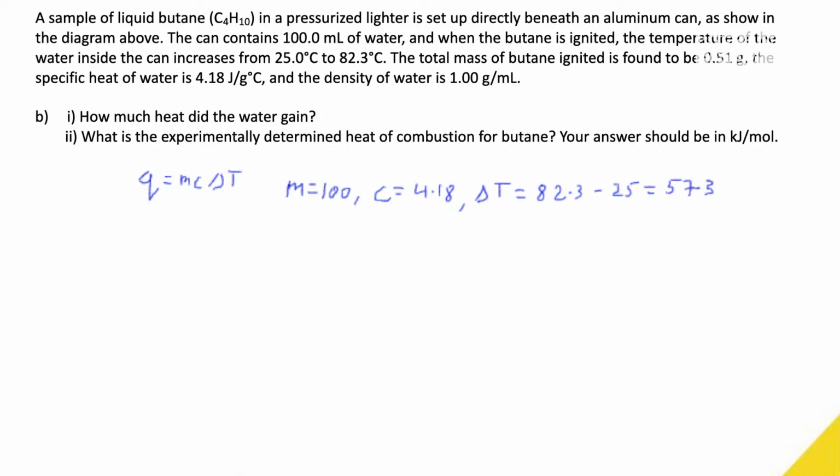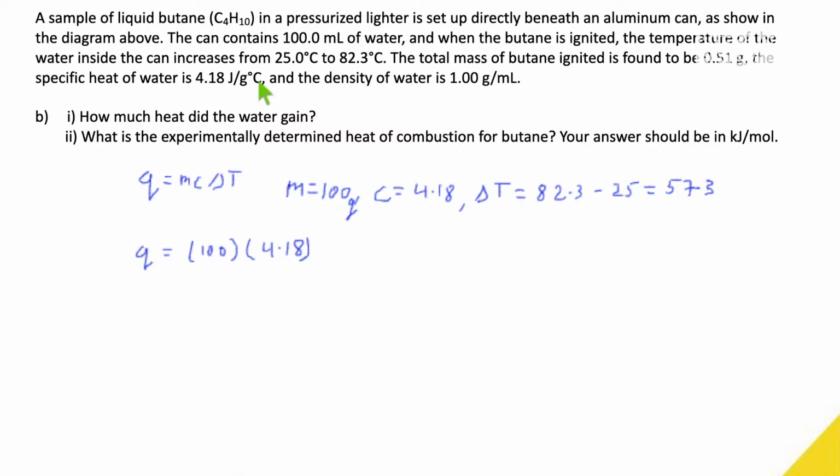So Q is equal to 100. Now, one of the things that I want to do is make sure that the units are right here. This is 100 grams. So is my C in grams? Oh, yes, it is. So that's good. Sometimes they will give you this C in degrees Celsius or degrees Kelvin.